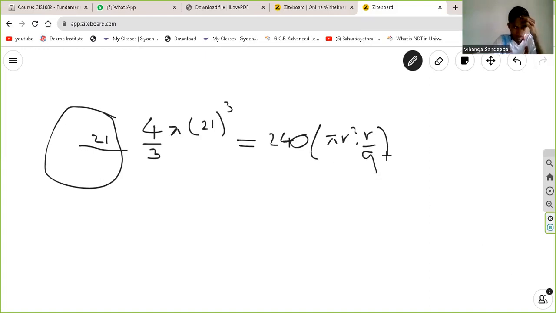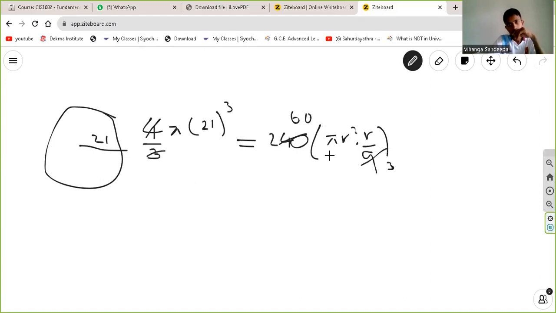We show this r. Now let's simplify this. Pi to pi cancels. 4 to what? 240, 60. 3 to what? 9, 3.